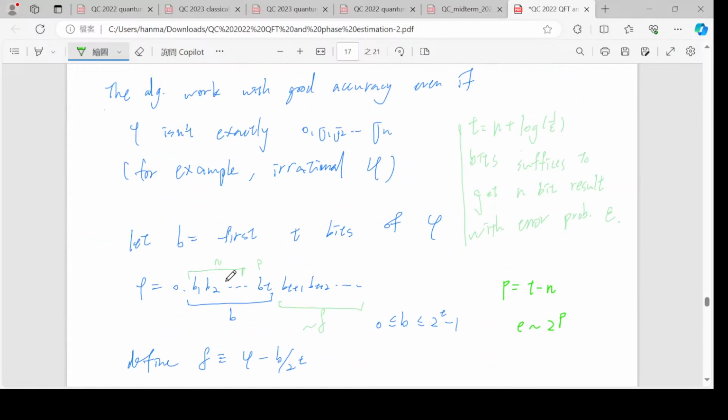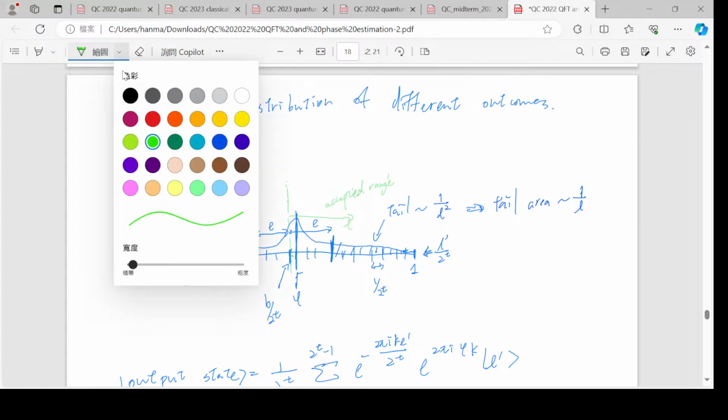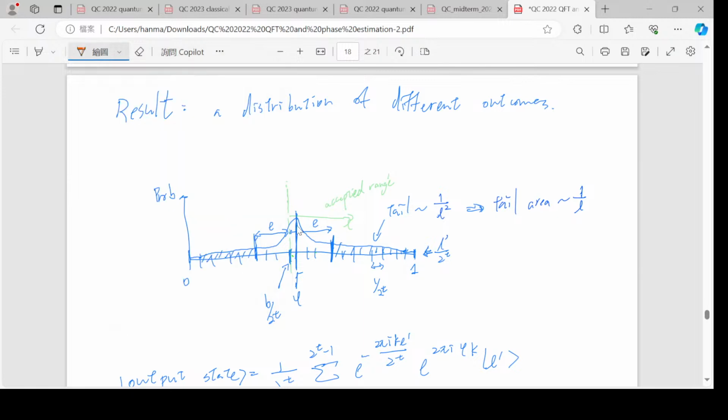So b is like the first t bits of phi. So where this phi actually falls into. Okay, this is more complicated than it should be. So this is the thing we want to estimate, but we cannot.